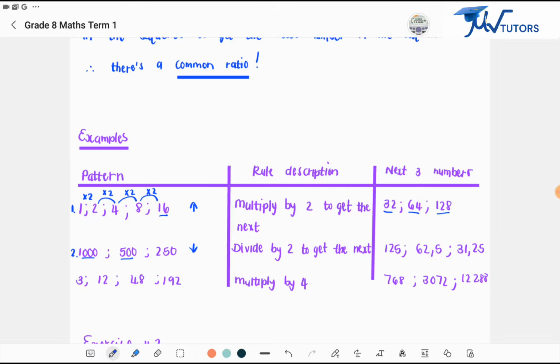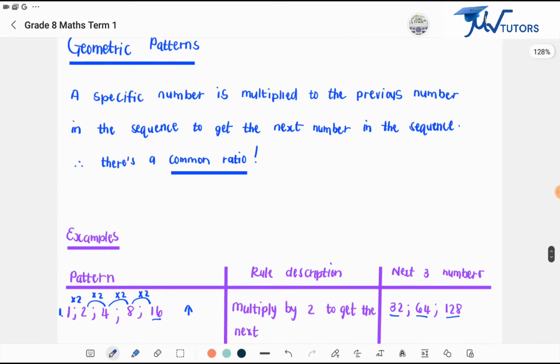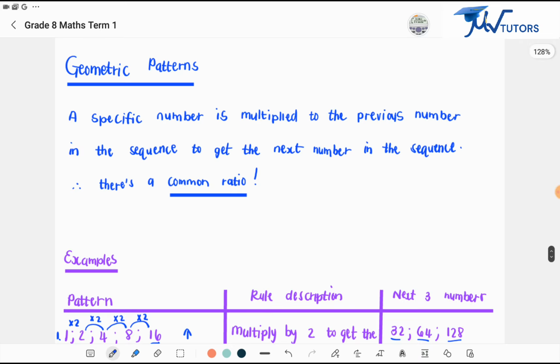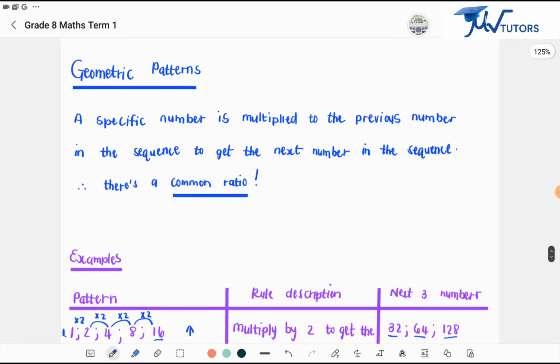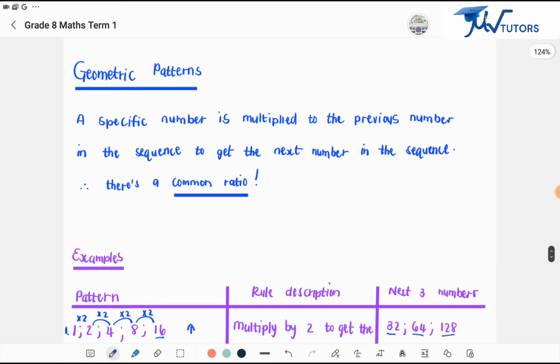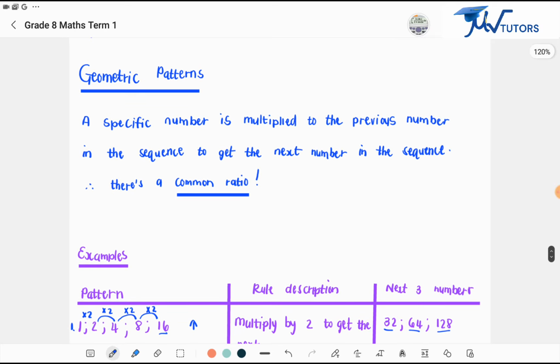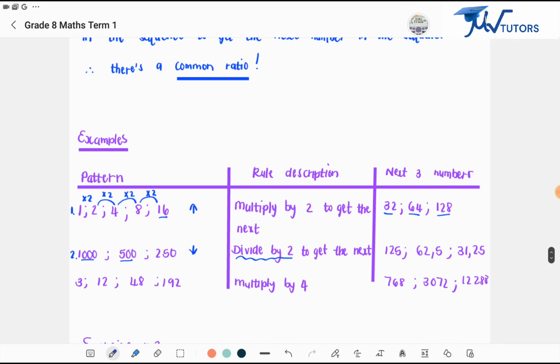But I know my rule here, I wrote divide by 2, but I want to stick to the definition that we actually started with. And this definition was that we multiply a specific number to the previous number in the sequence. So here, instead of dividing by 2, we are going to multiply by a half, right?